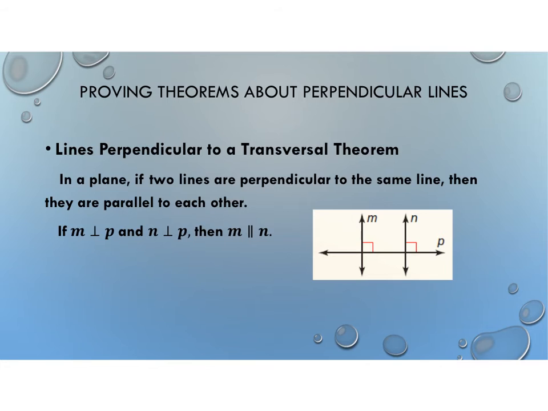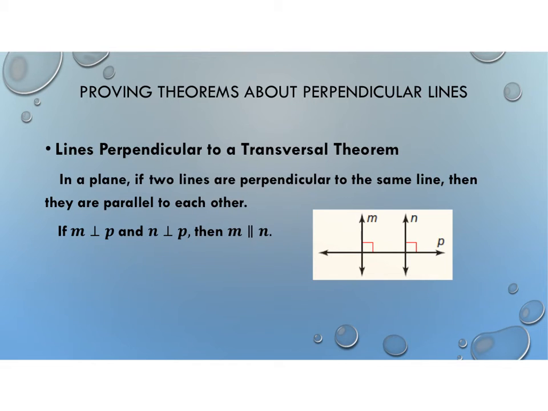Next one. Now back in lesson 3.3, on that slide where I talked about ways to prove lines parallel, so far we learned that if we could show corresponding angles congruent, alternate interior angles congruent, alternate exterior congruent, or consecutive interior supplementary, then I can show that lines are parallel.